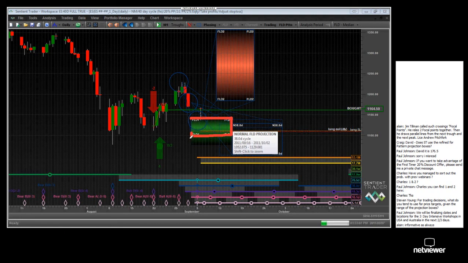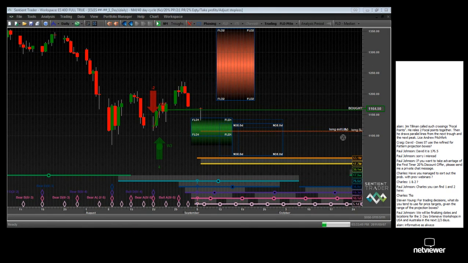Perhaps I should clear my whiteboard and try this again. Okay, so now of course Sentient Trader has turned off its... okay, there we go. The pen is a bit fiddly. Okay, so price has dropped into the blue box. Here's the blue box.